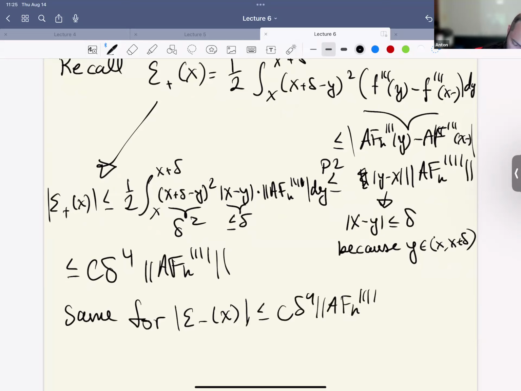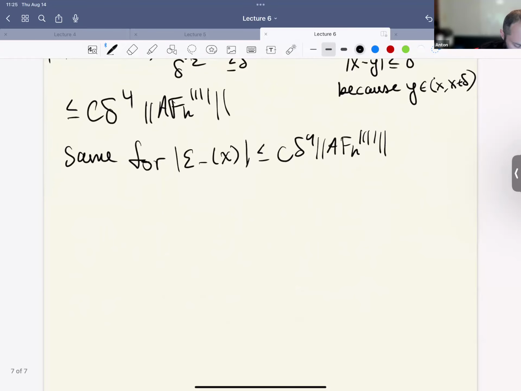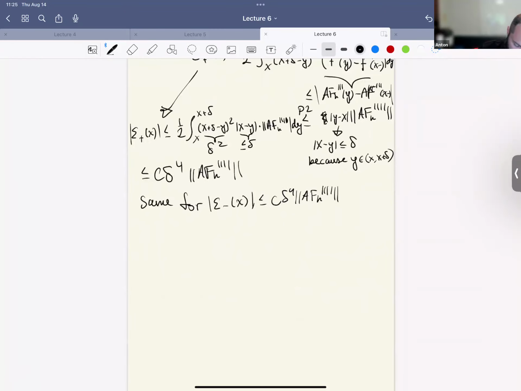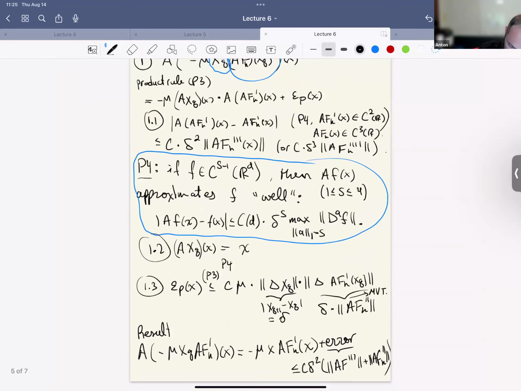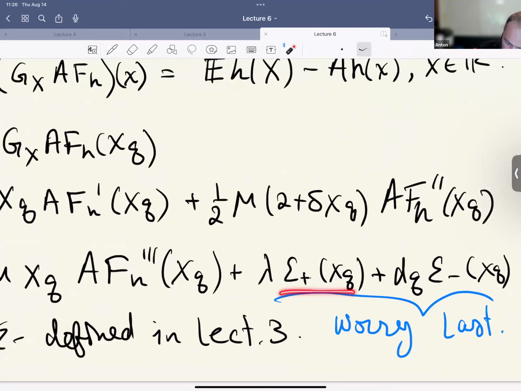I'm going to summarize what we've done in just a moment. There's one thing I'm not going to do, but I'm just going to ask you to believe me. When we had the epsilon plus and epsilon minus, in front of the epsilon plus, we had a lambda, which is a constant.